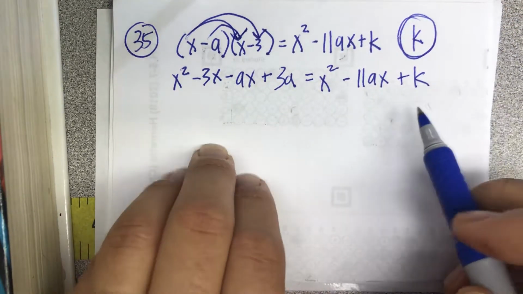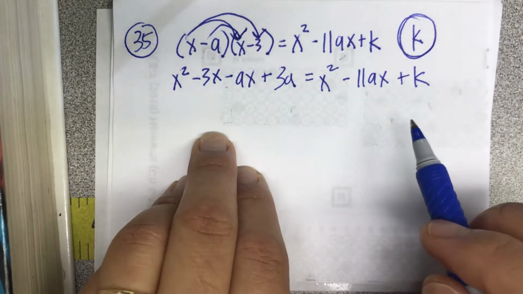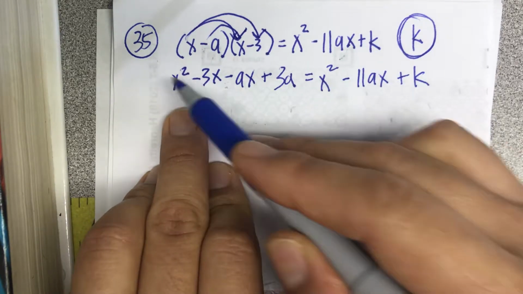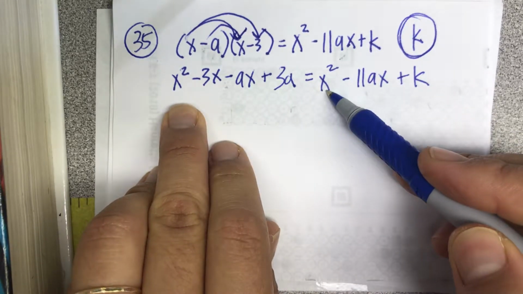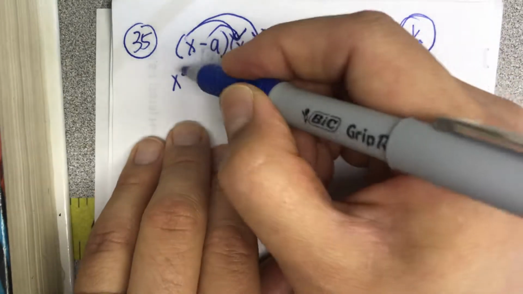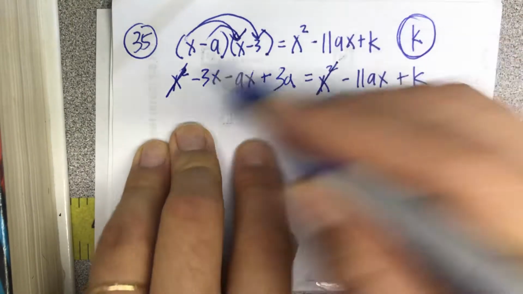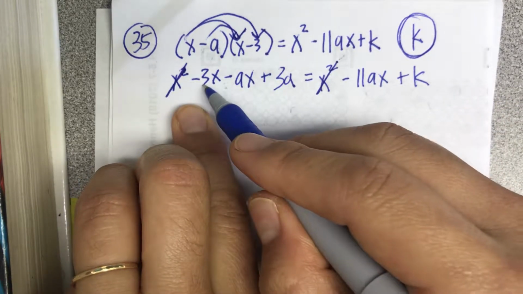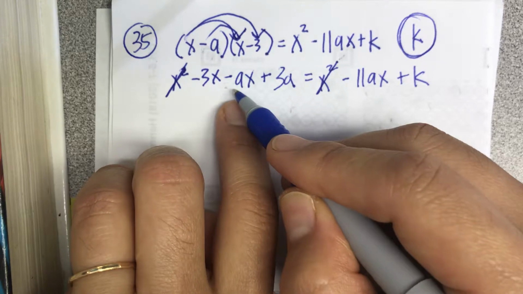Okay, so what I want you guys to recognize is in any quadratic equation, we always have the something squared. If you have something on this side and something on this side, and this side is all equal to this side, we know that we could cancel that out because it's the same, okay? Now we're left with negative 3x minus ax.